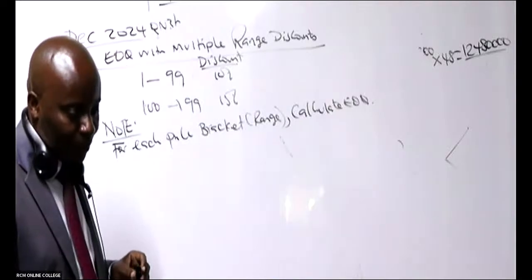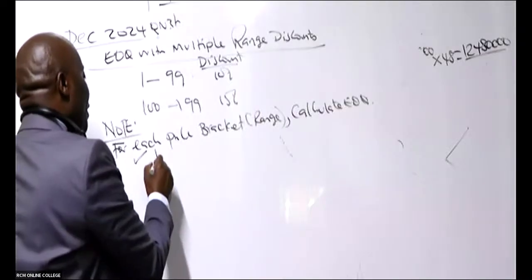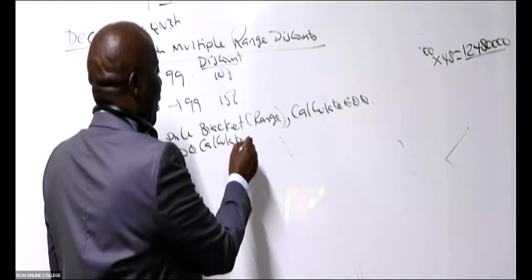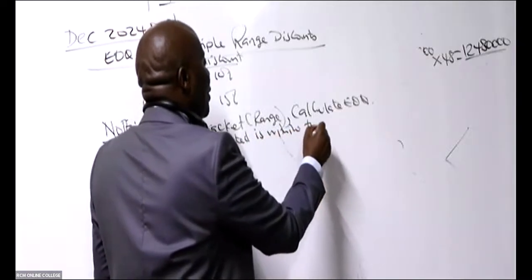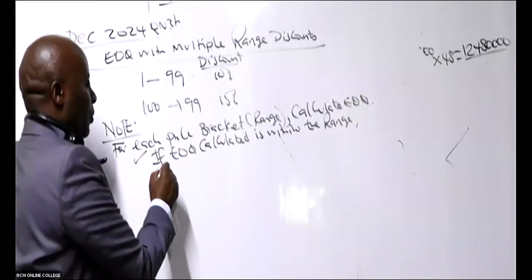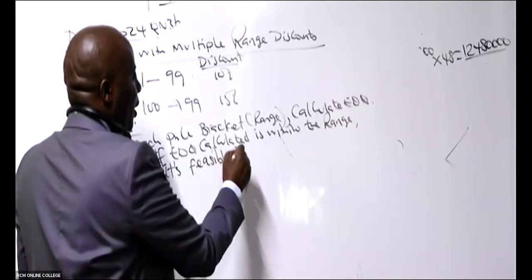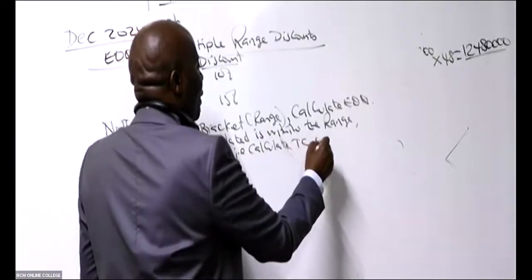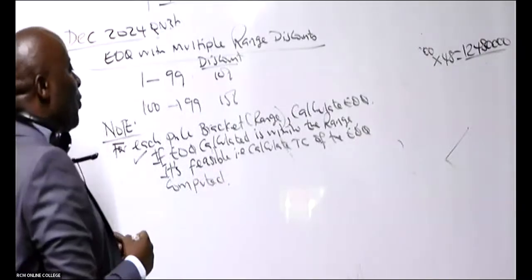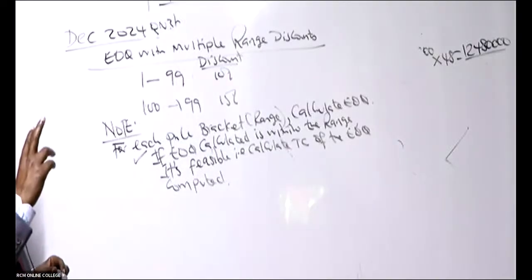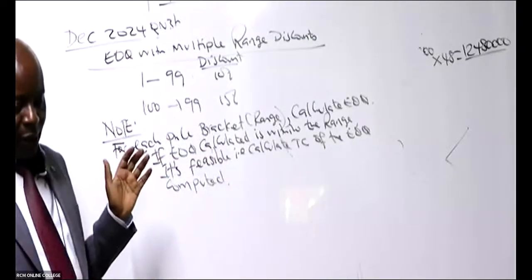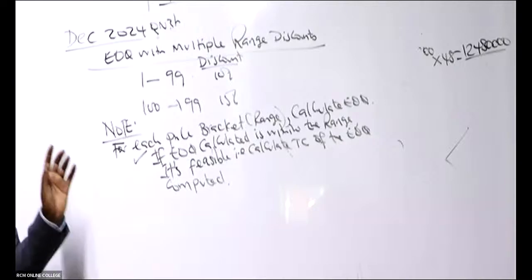Number one: if the EOQ calculated is within the range, it is feasible, i.e., calculate the total cost of the EOQ computed. Feasible means good, practical. That is number one.